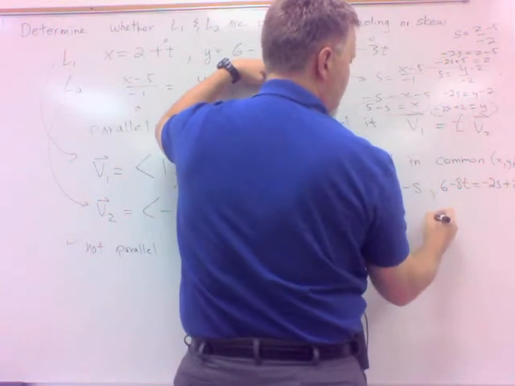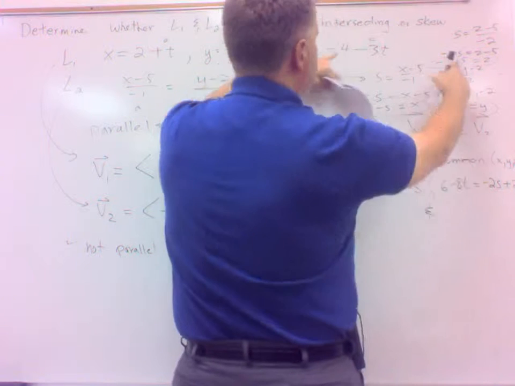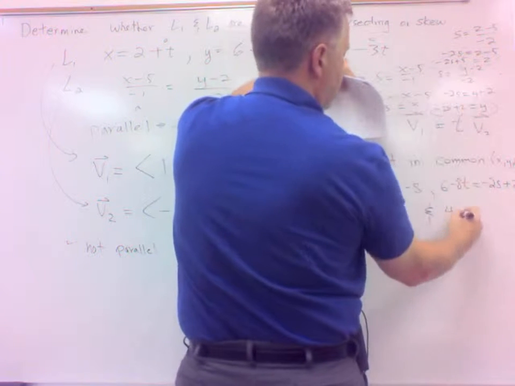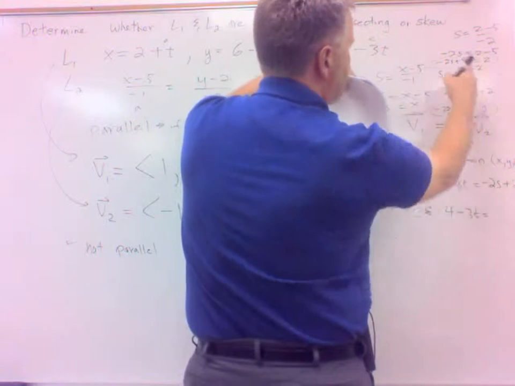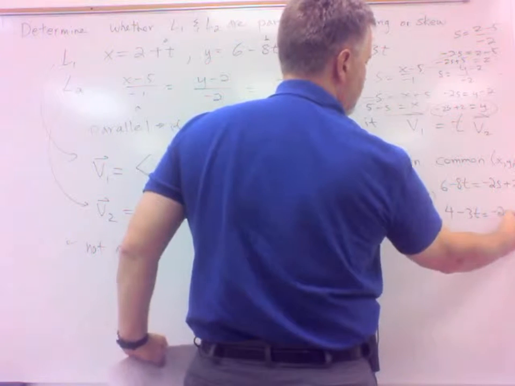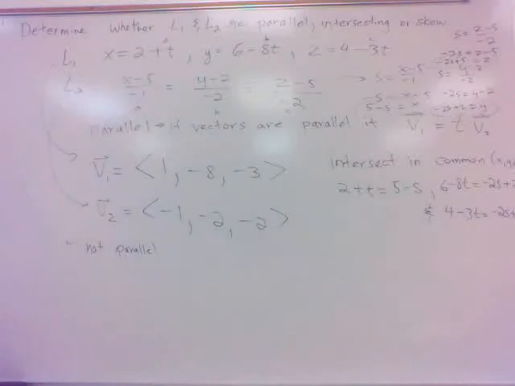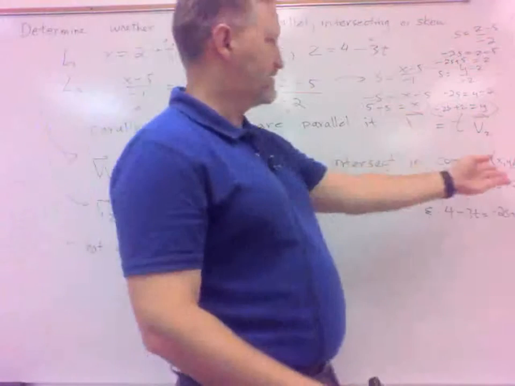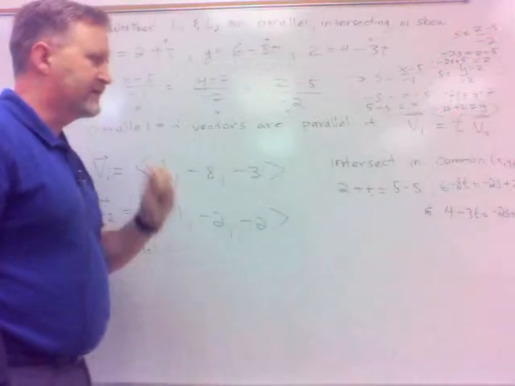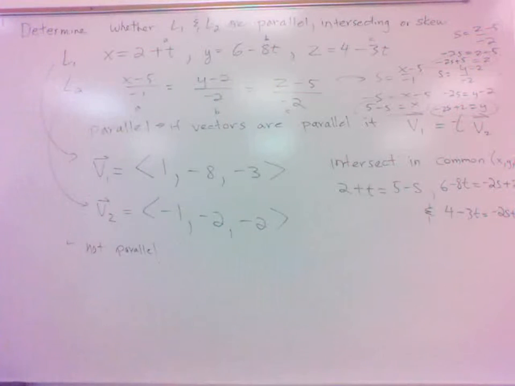And we've got the Z's equal, so it'd be 4 minus 3T equals negative 2S plus 5. Okay, and so there should be a common S and T value, which leads us to a common XYZ value, if this is going to intersect.